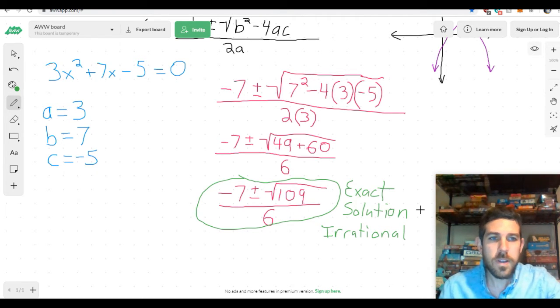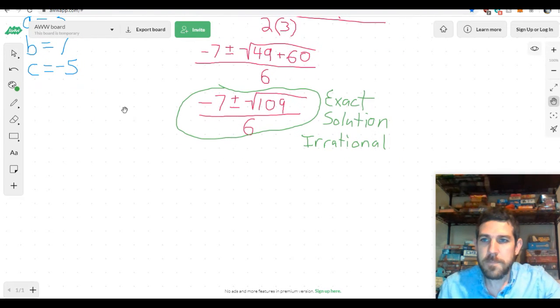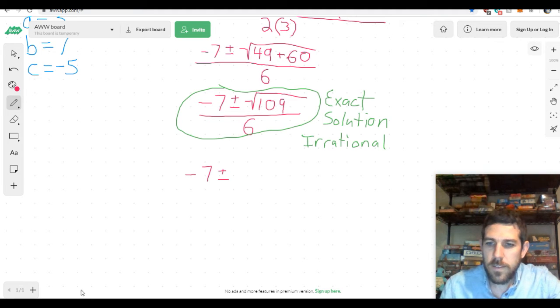Well, if we wanted to round this square root of 109, we could go find an approximate answer. So let's go ahead and pretend like we're going to go all the way and get the approximate answer. All right, so we're not quite done yet. Let's say -7 plus or minus, what is the square root of 109? I'll have to use a calculator for that.